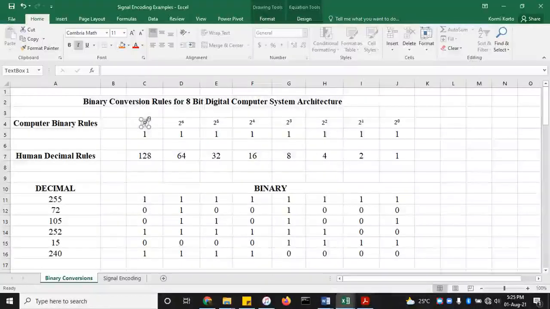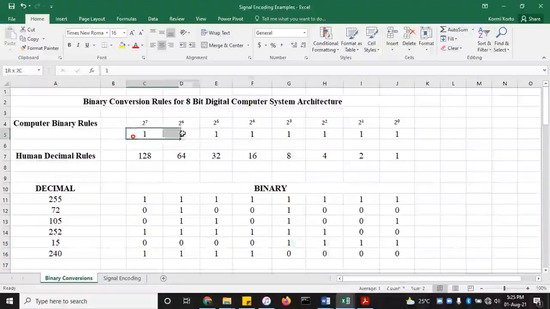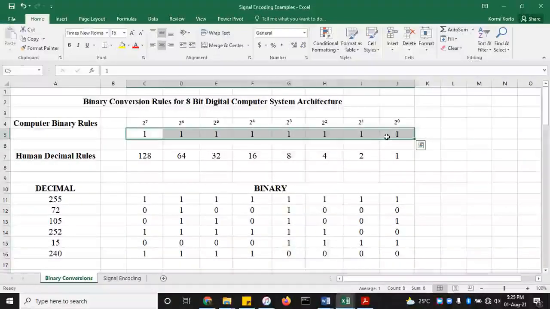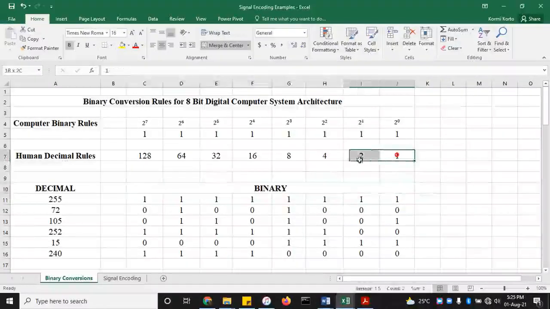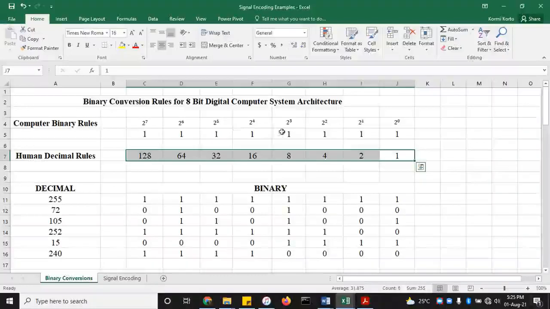And a decimal value would just be the calculation of the exponents, so 2 raised to the power 0, whatever the value is. And that only applies when all the 8-bit sequence are 1, or are in an on state. So keep that in mind. These human decimal rules only apply if the bit sequence are all 1, all in an on state.